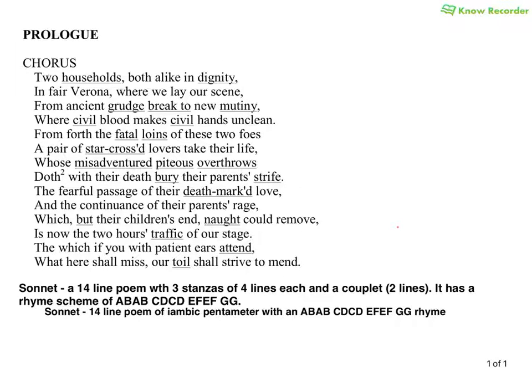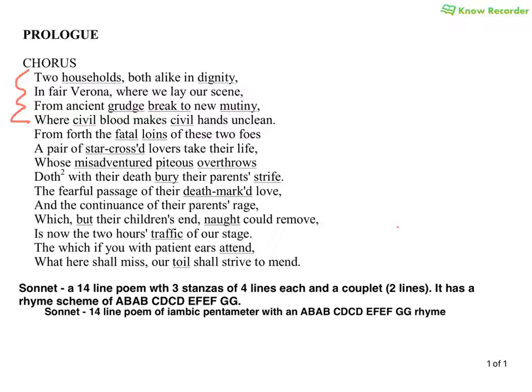Today we're going to be taking a look at the prologue, the very beginning, of Romeo and Juliet, which happens to be a sonnet. If you see the definition of sonnet down at the bottom of your screen, it's a 14-line poem. That 14-line poem has 3 stanzas, and those stanzas are 4 lines each.